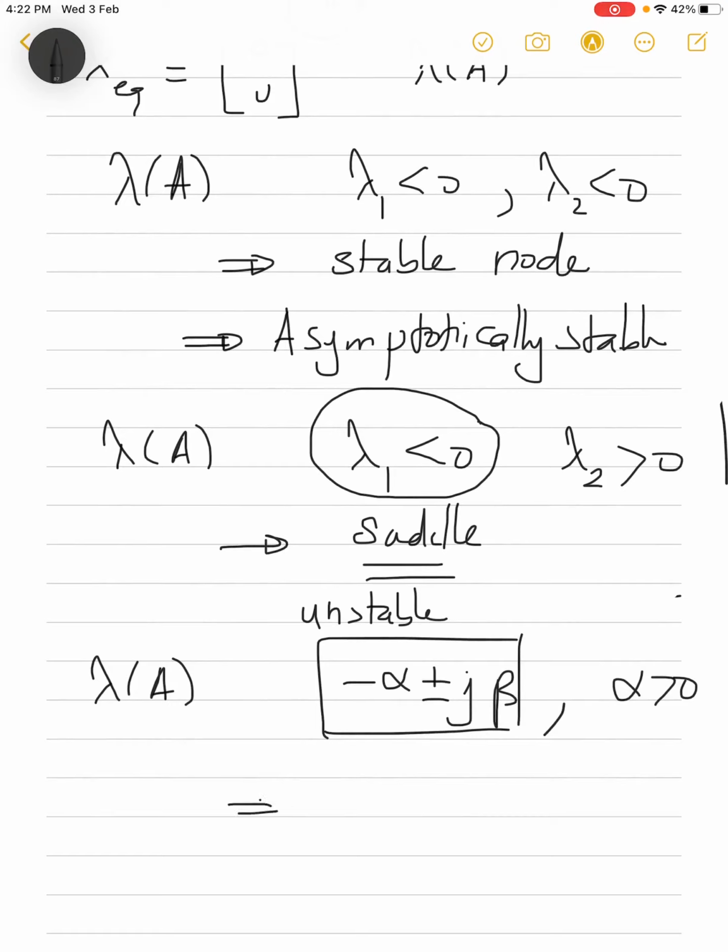So here this is a stable focus, and consequently the equilibrium point is asymptotically stable.